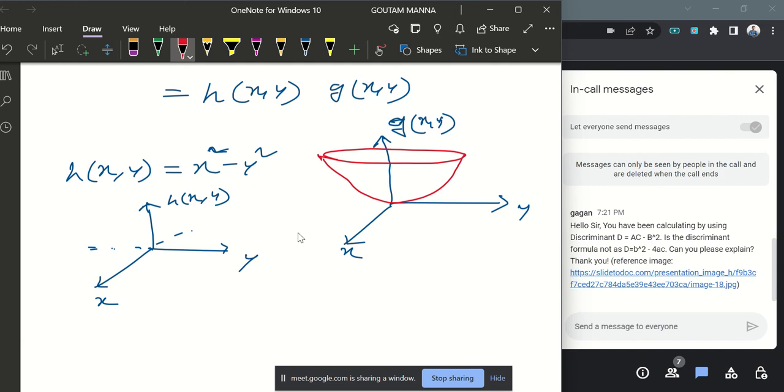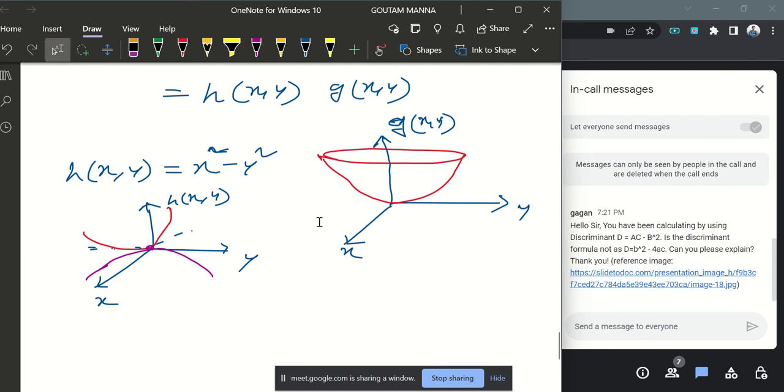So if you look from this x direction, it looks like this, and if you look from the y direction, it will look like this. So basically this point is neither a maximum nor a minimum.